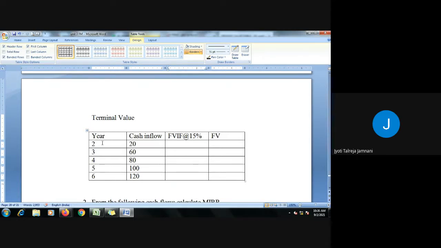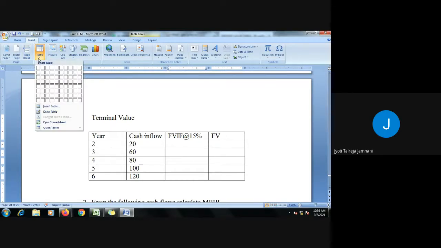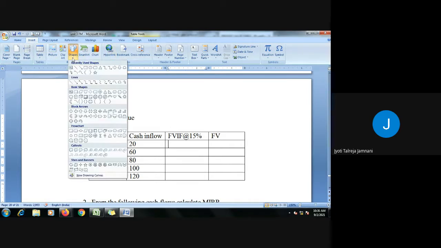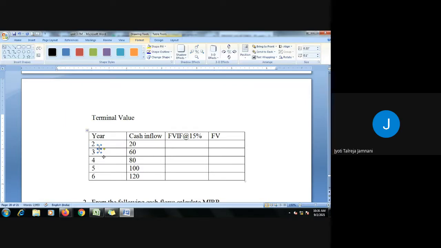So see here, from 2 to 3 is 1 year, 3 to 4 is another year, then 4 to 5 and 5 to 6.